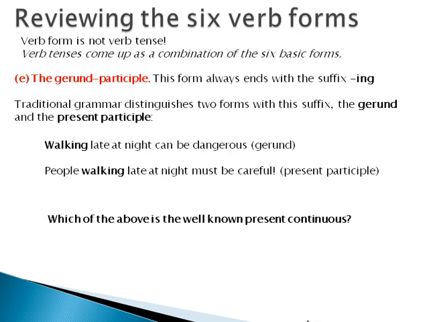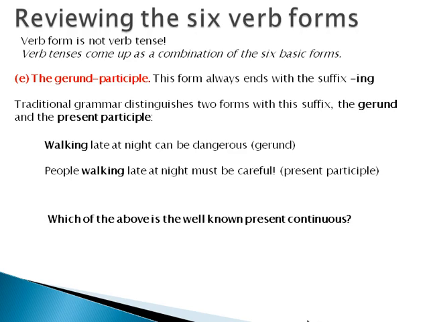Okay? So which of the two is the classic present continuous? Number one. Yeah, walking late at night can be dangerous. Although the present continuous is defined as the present of be and the progressive of the other verb, where is the present of be?